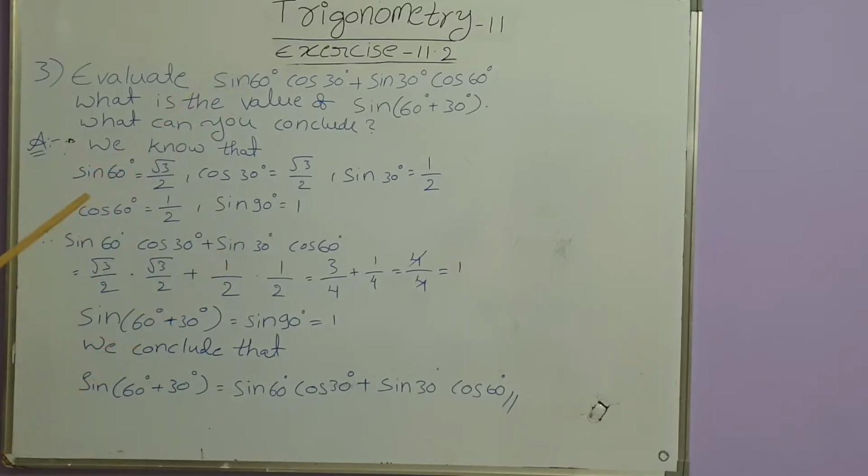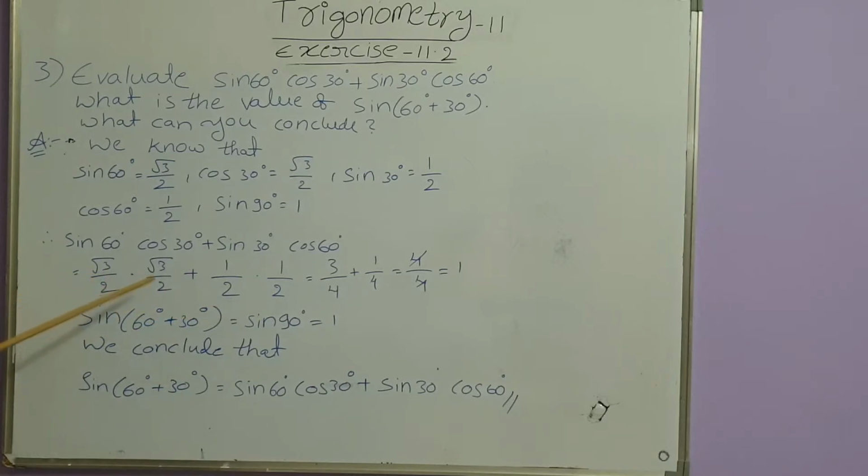So these values substitute in this equation. And we know that sin of 60 degrees plus 30 degrees is sin 90 degrees. So, sin 90 degree value is 1. Sin 0 degrees is 0. Substitute in this equation. Sin 60 degrees root 3 by 2 into cos 30 degrees root 3 by 2 plus sin 30 degrees 1 by 2 into cos 60 degrees 1 by 2.